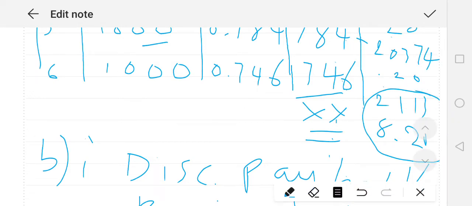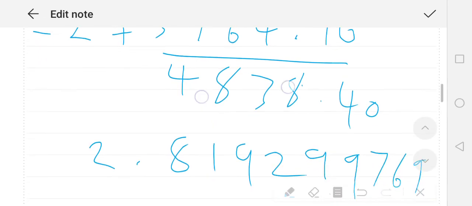21138.20. So we go to the formula here and fix it there.